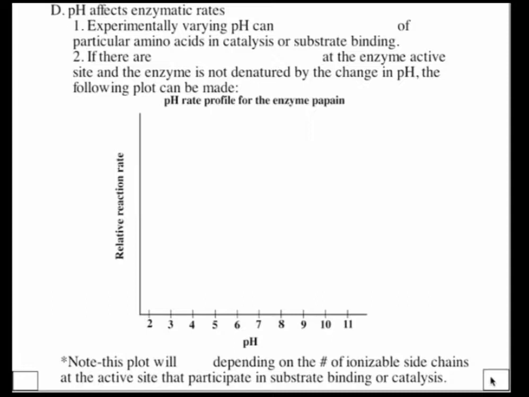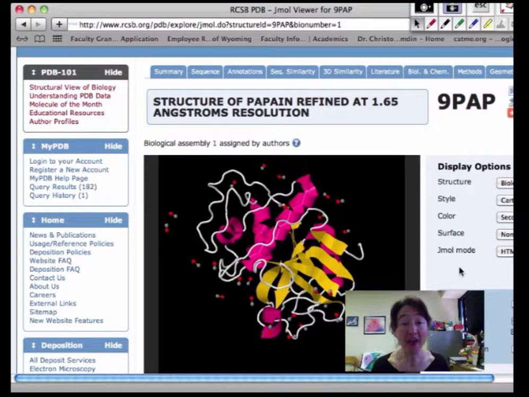It is called papain. Papain is an enzyme that can be isolated from the latex of the papaya fruit. You can see by looking at this picture from the Protein Data Bank, 9PAP, that it is a cysteine protease. It is a very famous enzyme, and for thousands of years it has been isolated for many different purposes.